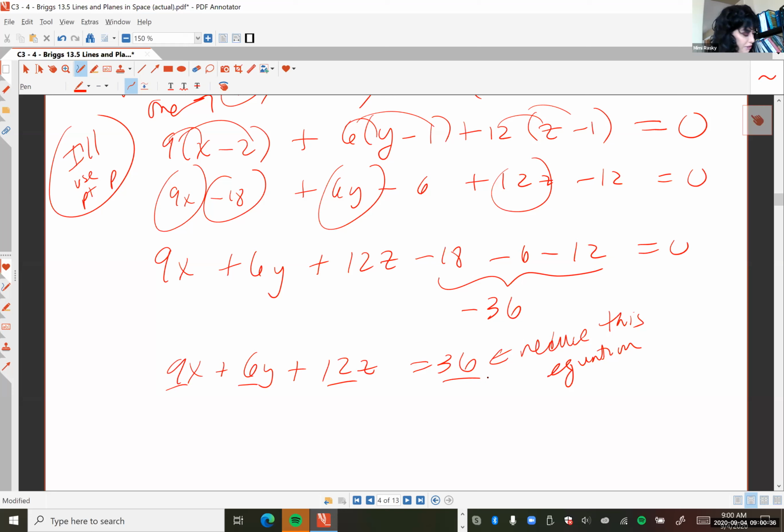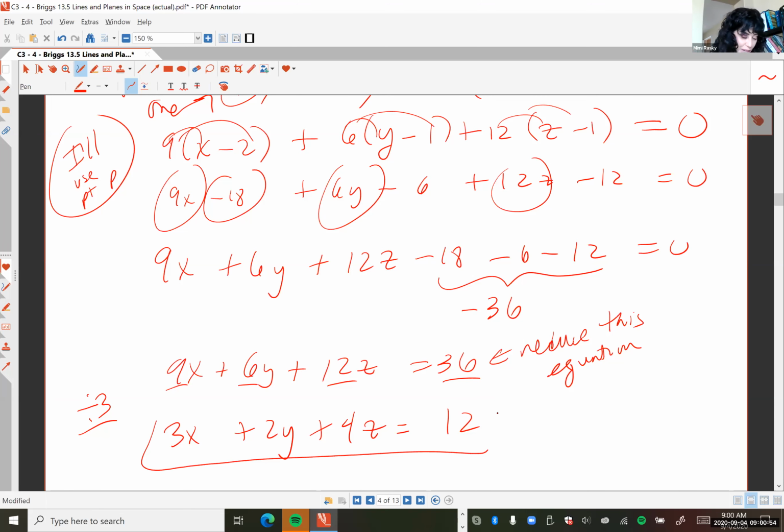Is there a greatest common factor of 9, 6, 12, and 36 that you can think of? 3. Yeah, so if you divide both sides of the equation by 3, it just looks a little prettier. It doesn't do much. It's still equivalent. But it is very traditional to try and reduce your equation if you can. That's not always possible, but in this case it was, so we do it.